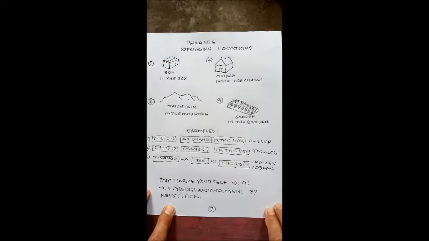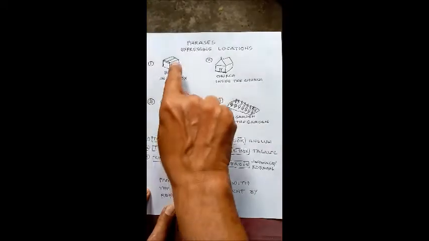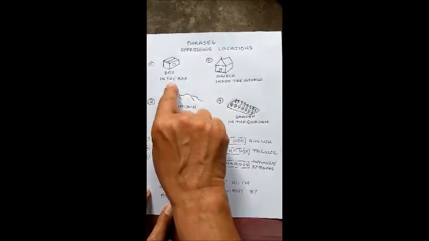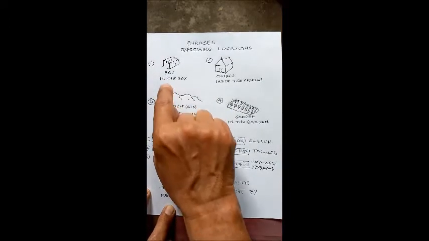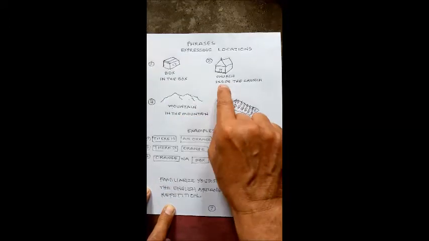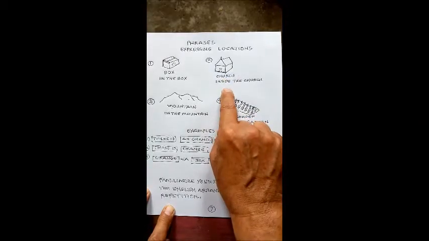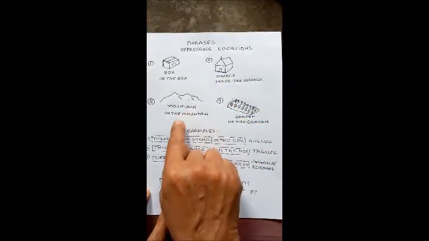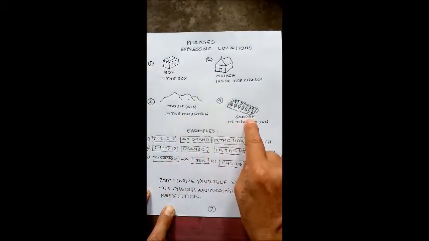So, I am introducing to you the phrases expressing locations. This is the box. In the box, that's the phrase. Church, inside the church. Mountain, in the mountain. Garden, in the garden.